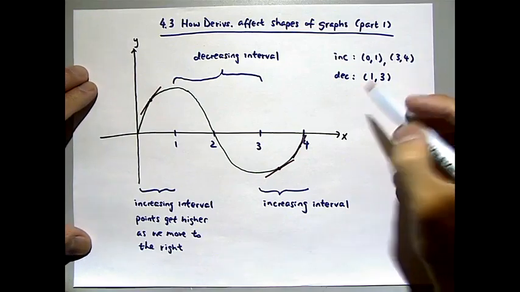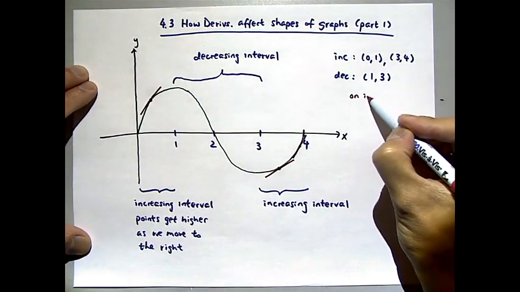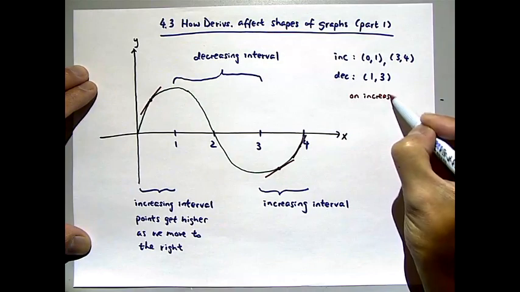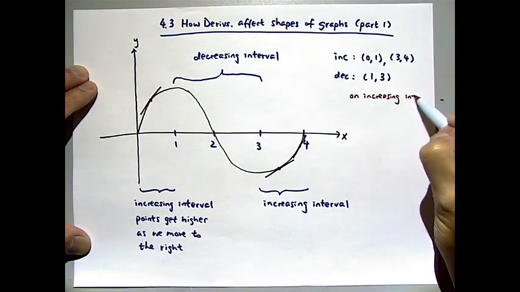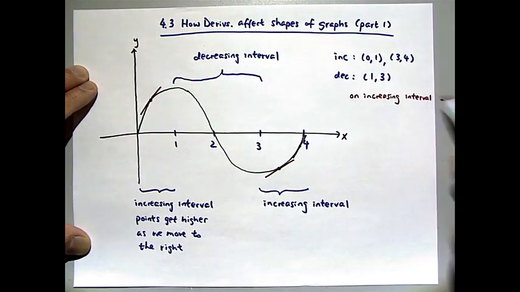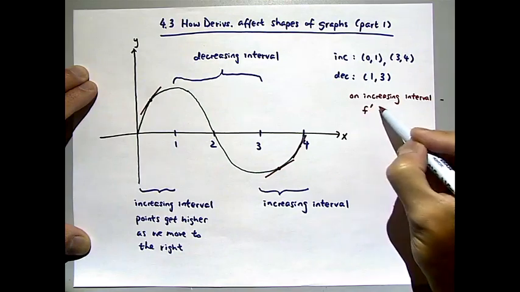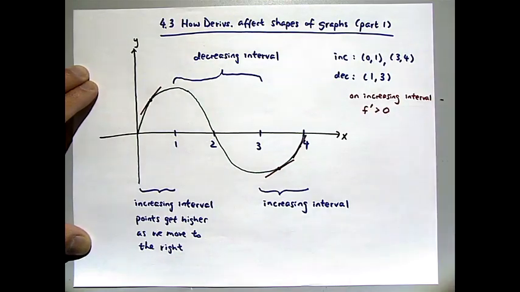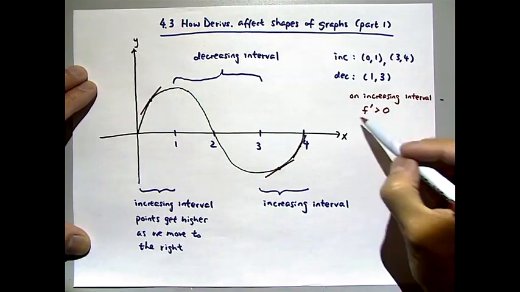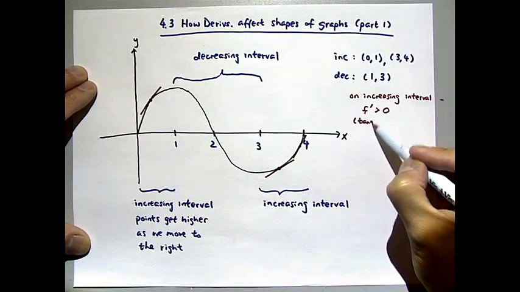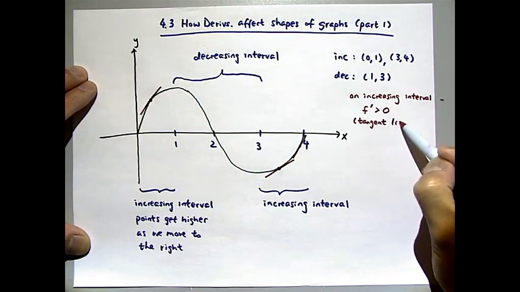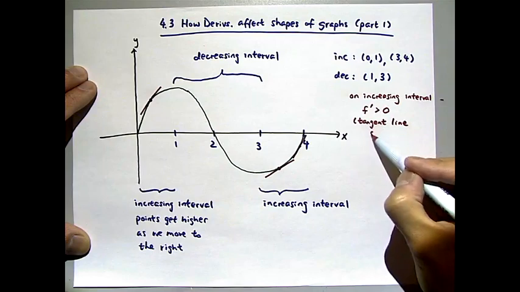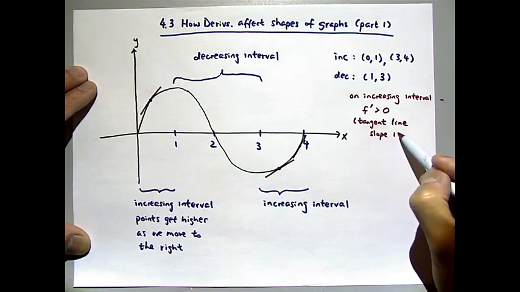I'll write that down here. f prime is positive. Remember, that means the tangent line slope is positive.